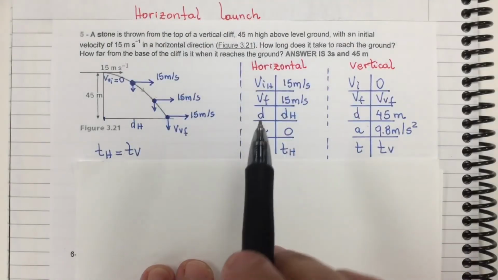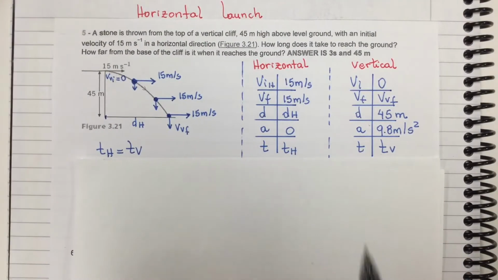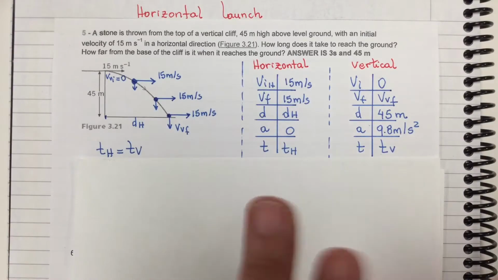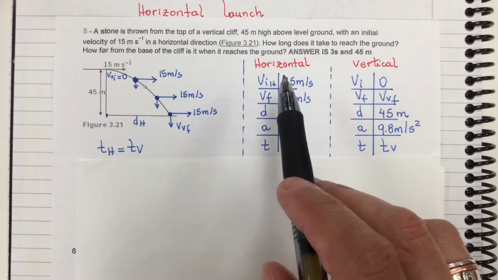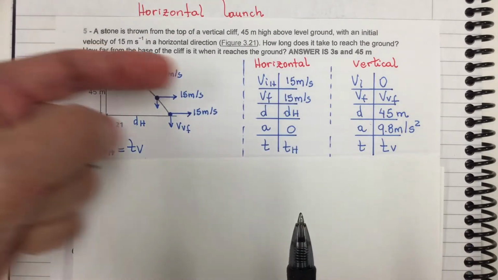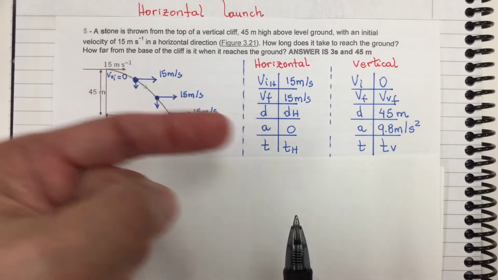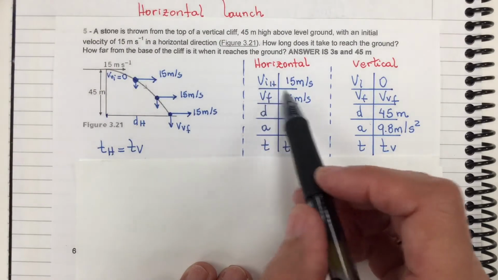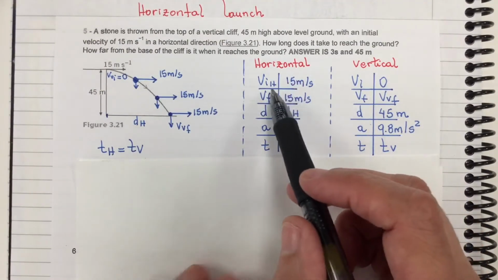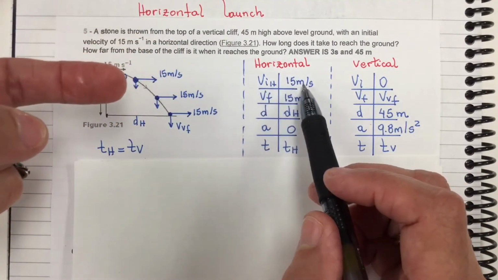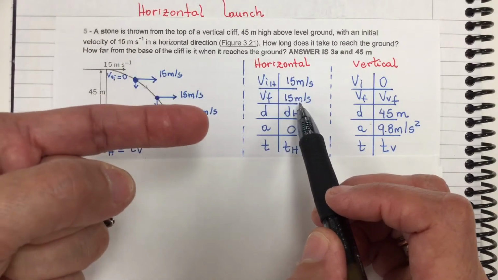For this reason, we can separate this motion into two independent motions. One is a horizontal one, in which there is no acceleration. The velocity remains constant the entire time, which you can see here in this data table. The initial horizontal velocity is 15 and the final is 15.